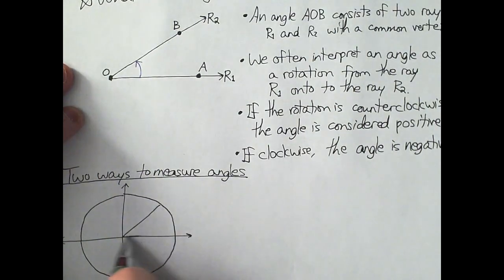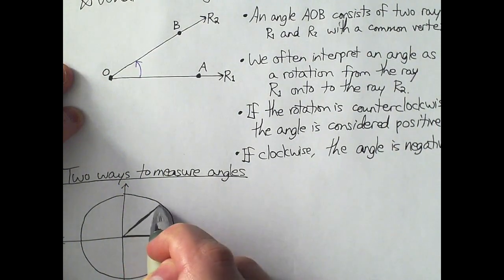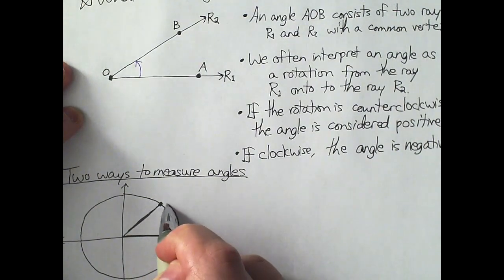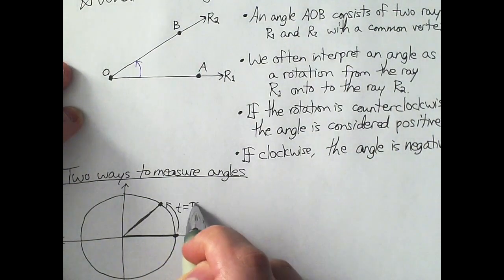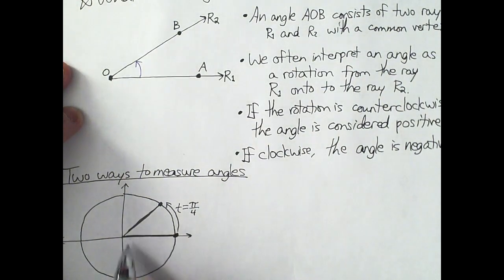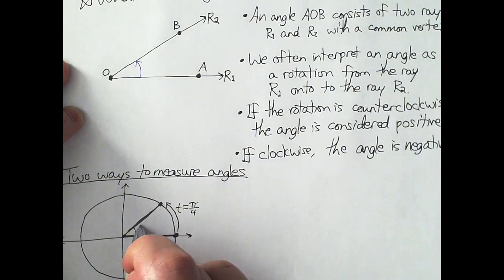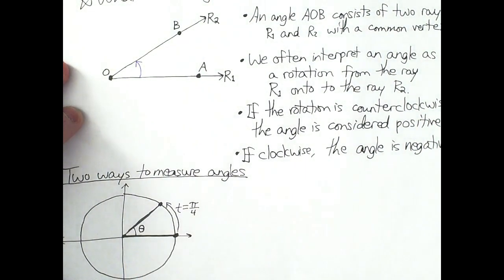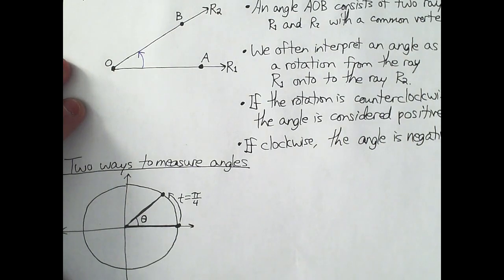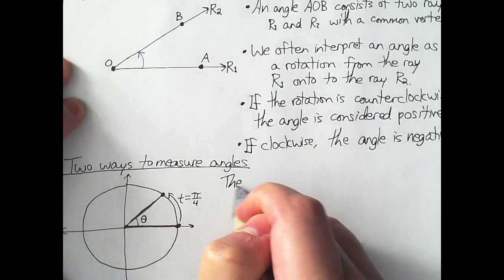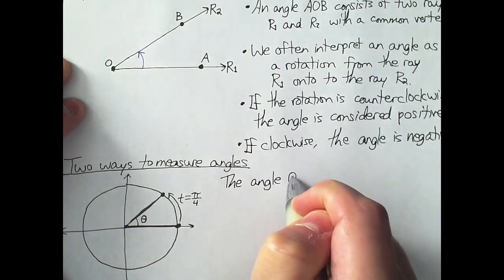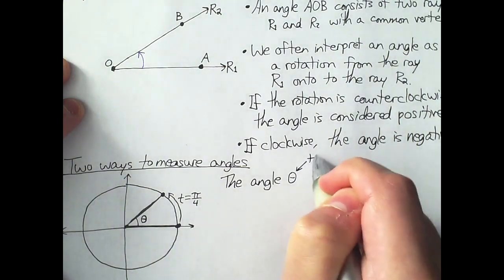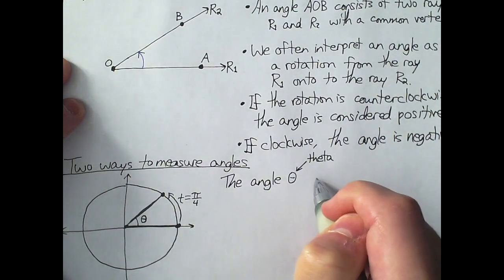How about I form an angle formed by t equals pi over 4. I feel like that t value kind of forms an angle. And I'm going to call this angle, I'm going to label it by the Greek letter theta, which I don't think we've used yet in this class. The angle theta, let me write this just so you see, this is theta, is determined by t.